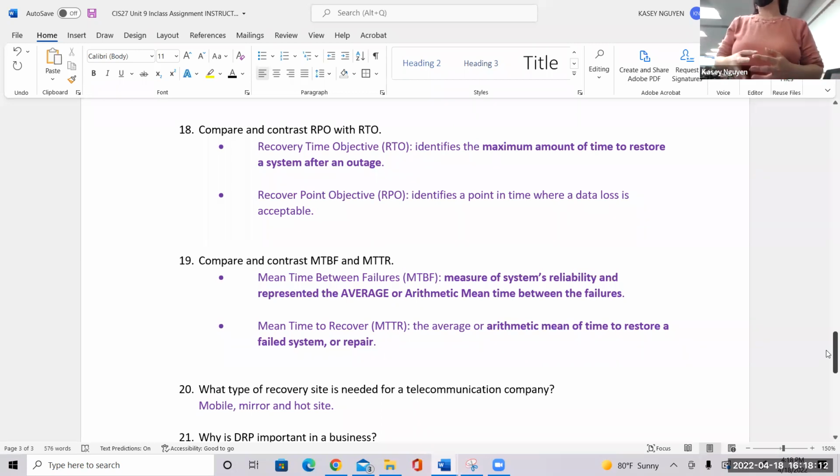The type of recovery for the site. So if the site goes down, let's say, earthquake, fire, natural disaster, other things, right? Companies can use mobile, which they put on trailers or 18-wheeler trucks. Verizon does this, AT&T does this.